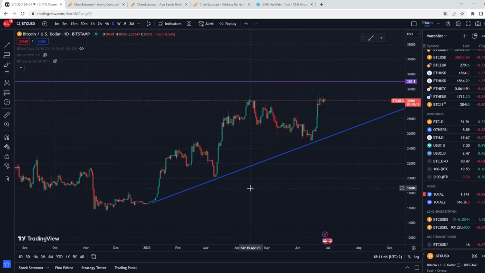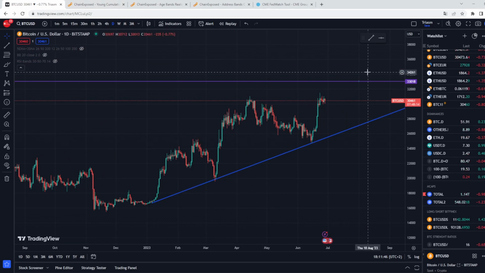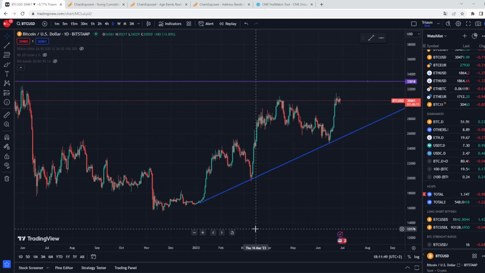So here we have this uptrend on the daily. We are still in an uptrend, believe it or not.